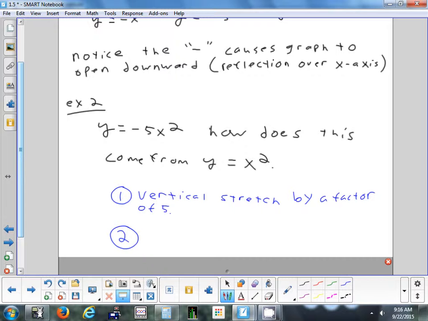Okay, and the last thing, after you stretch it by a factor of 5, Eric, what's that negative going to cause to happen? Yep, and what's the transformation? Yeah, you could say it's going to flip over which axis? X-axis.